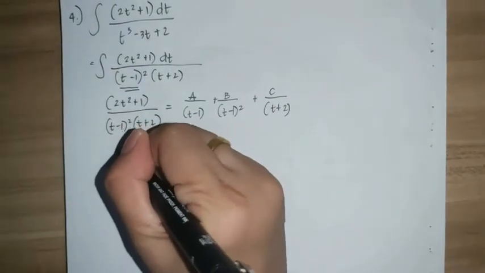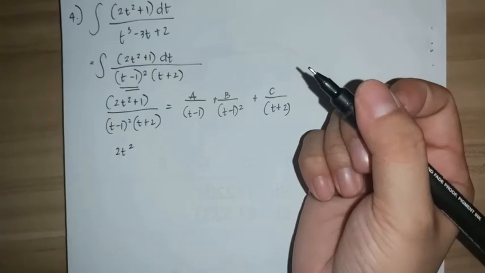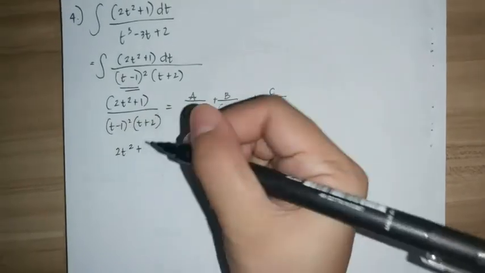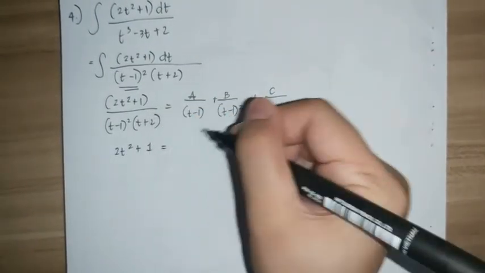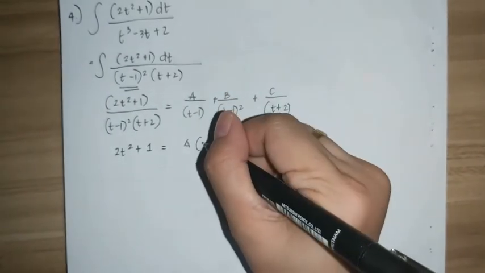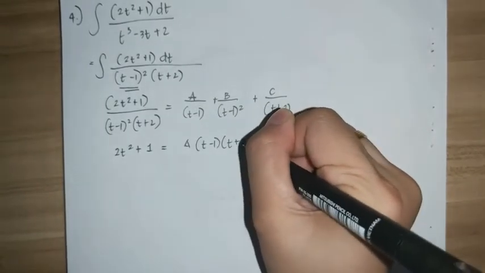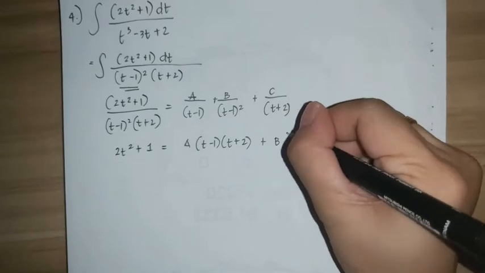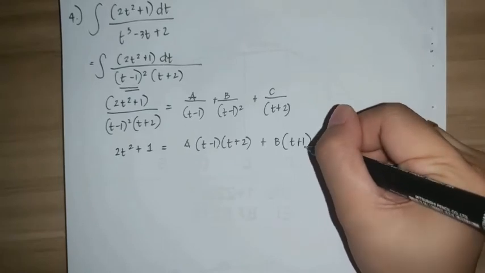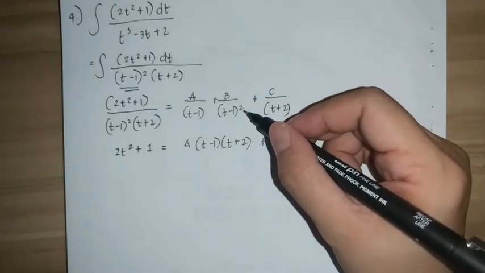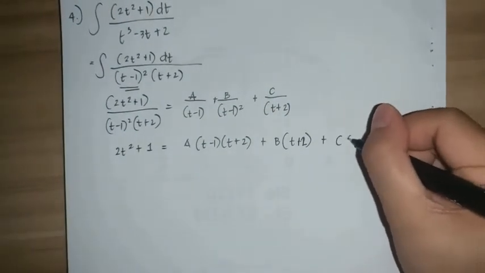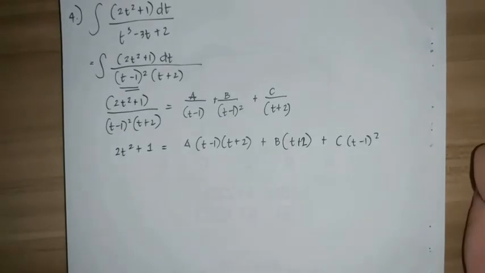So we have 2t squared plus 1 is equal to a times t minus 1 times t plus 2, plus b times t plus 2, plus c times t minus 1 squared, right?